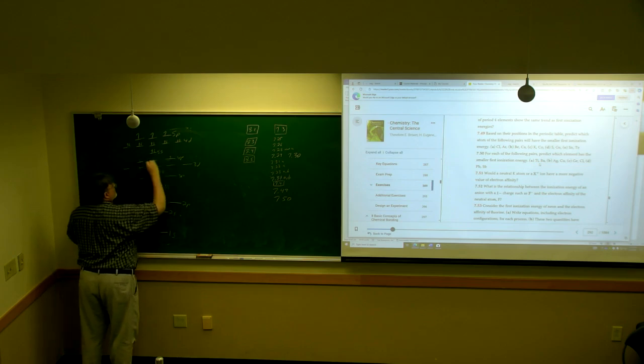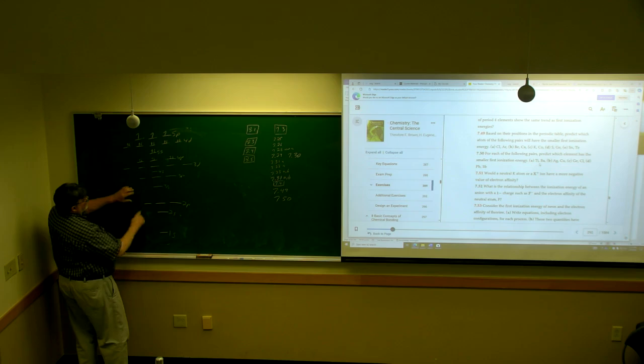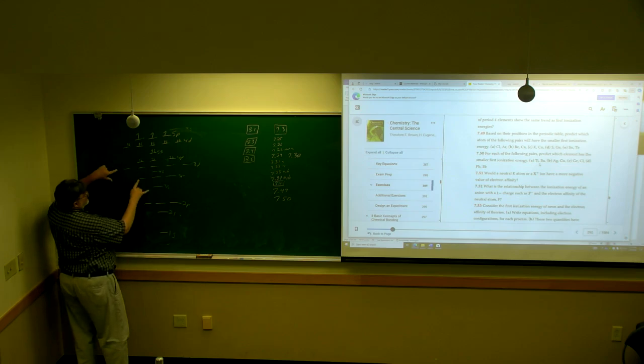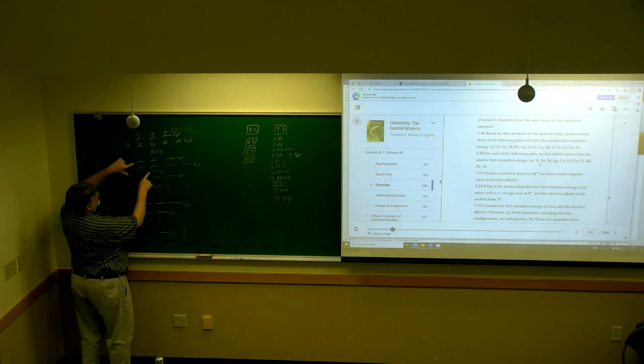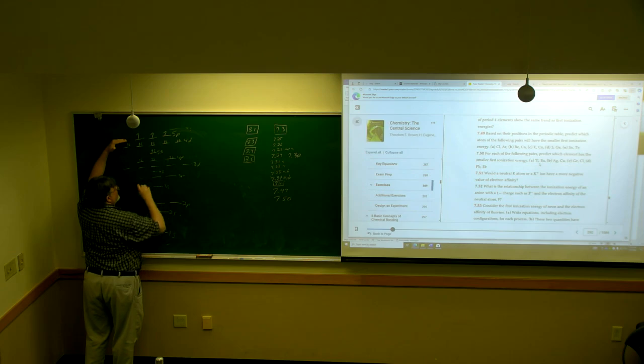So the valence electrons here, the highest n number: n equals 1, n equals 2, n equals 3 are split up a little bit, n equals 4 are here, and there's the 4d, and then n equals 5. 5 is the highest level that has electrons in it, so you count the ones in 5s, you got 1, 2, 3, 4, 5, 5 valence electrons.